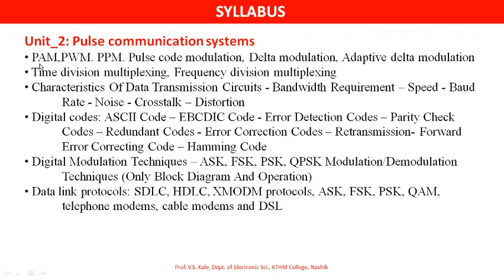The subtopics are PAM, PWM, PPM, pulse code modulation, delta modulation, adaptive delta modulation, time division multiplexing, frequency division multiplexing, characteristics of data transmission circuits, bandwidth requirement, speed, baud rate, noise, crosstalk, distortion.